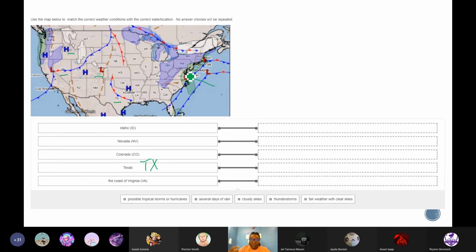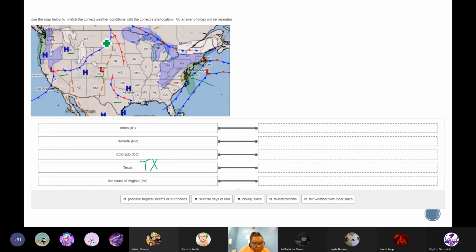A stationary front that's also happening at the same time as a low pressure system, like here in Nevada, that's going to be some pretty bad weather for probably a long time. Then we look over here, okay, where Virginia is. There's another stationary front, but now it's happening near water, and there's a low pressure system. What kind of weather is occurring there?